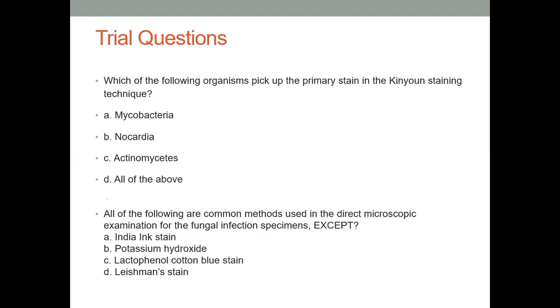So any question about Kinyoun, AFB, ZN, the organisms which are AFB positive are still positive in the Auramine staining. So please don't confuse. Those that are AFB by Ziehl-Neelsen will also be AFB by Auramine. Is that all right?